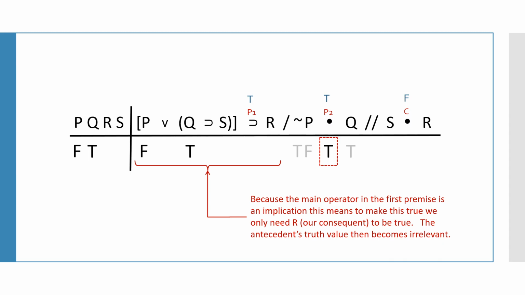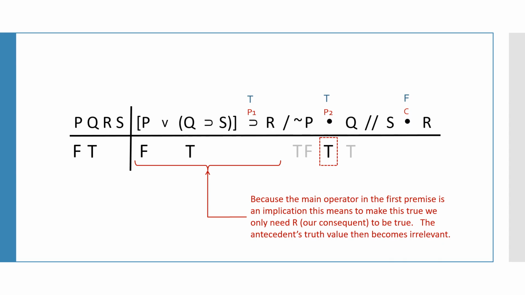Now notice, because the main operator in this first premise is an implication, that is, it's a conditional statement, if-then, that means in order to make this true, all we would really need to do is make sure that R is true. Because if the consequent of that particular statement is true, then in every conceivable case, whatever happens on the antecedent side, the P or if Q then S, no matter what result you get there, whether it's true or false, this would still be a true statement.